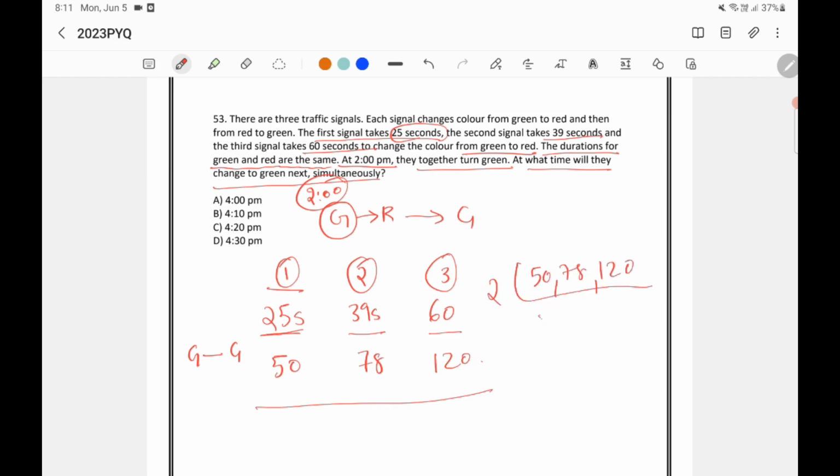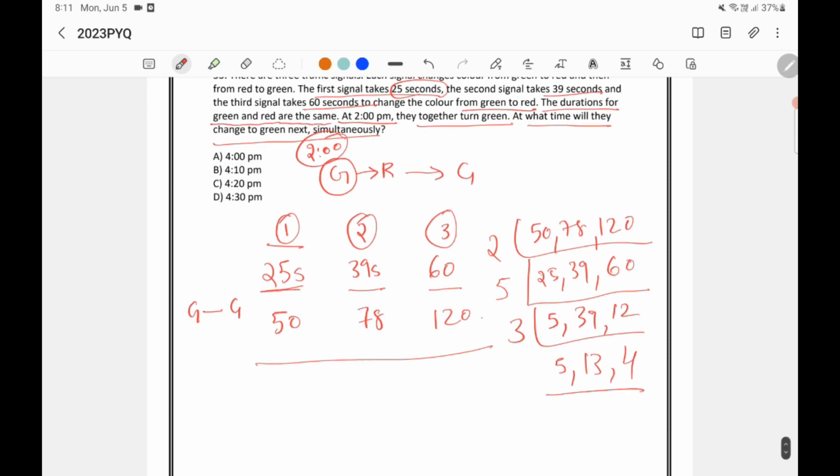So dividing by 2, it will become 25, 39 and 60. So I am dividing by 5, it will become 5, 39 and 12. I am dividing by 3, it will become 5, 13 and 4. Now nothing is common, I can stop here. Now the LCM is 2 into 5 into 3 into 5 into 13 into 4.